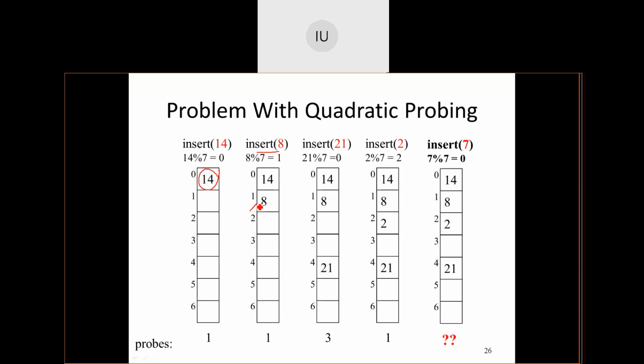At position 1, 8 goes in. 21, when I try to insert, actually maps to 0. But since there is a collision, I'll do plus 1 square. There is a collision, so I cannot insert here. Then I'll do plus 4. Okay, 1, 2, 3, 4. So the position for 21 is 4.